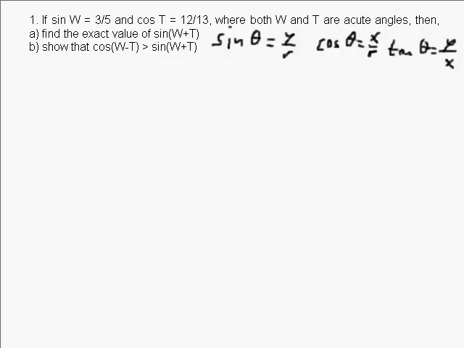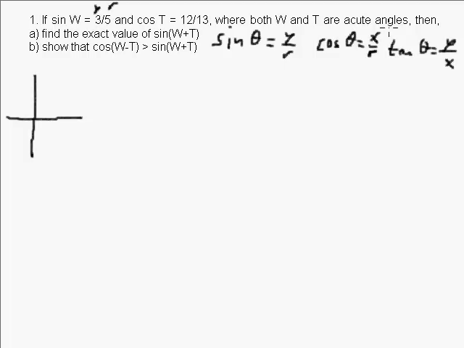So what it says here is that if sine w is equal to 3 over 5, I'm going to find, first of all, sine w is 3 over 5. Now what that tells me is that this is the y over the r. So this is the y value, and this is the r value.